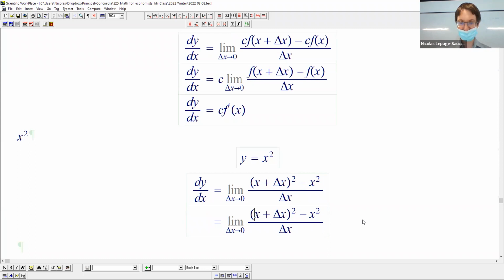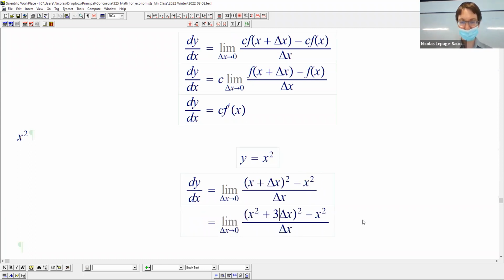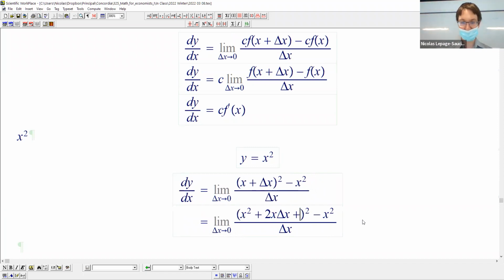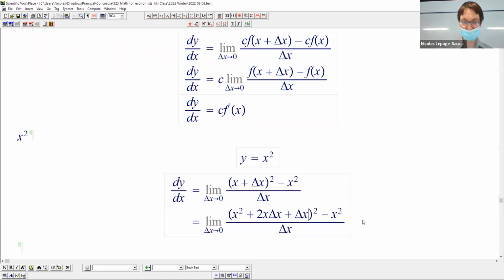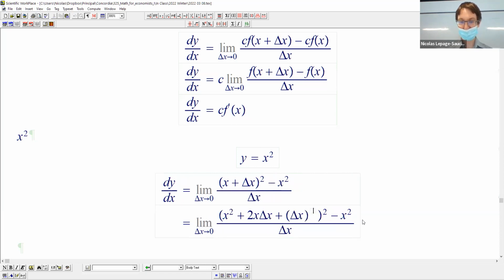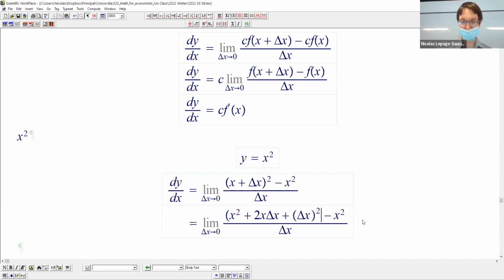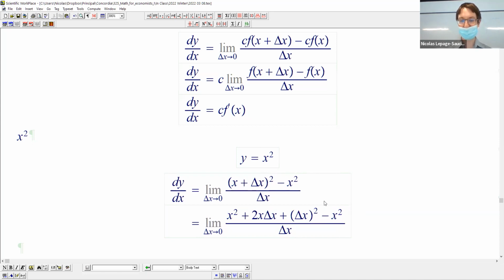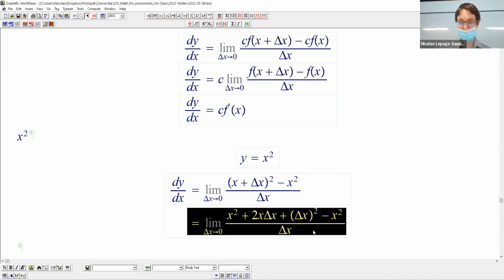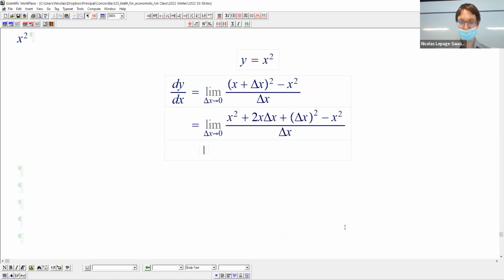So I get x squared plus 2x delta x plus delta x squared. And then what do I see? Well, first of all, the delta x cancels out with that one. This goes away. That goes away.